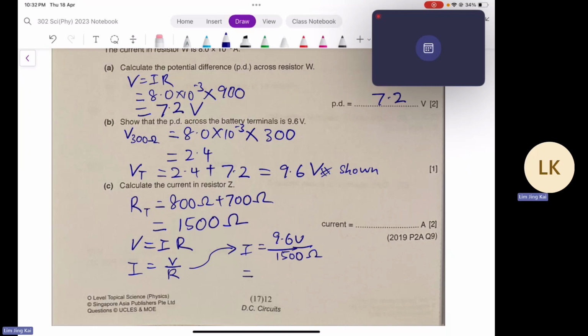Okay, this would give us 6.4 times 10 to the power negative 3 amperes. Okay, and that's how we actually get the value over here. Okay, so in terms of presentation, this is already 2SF. Okay, if you add another 0 behind the 4, you actually get a 3SF answer.